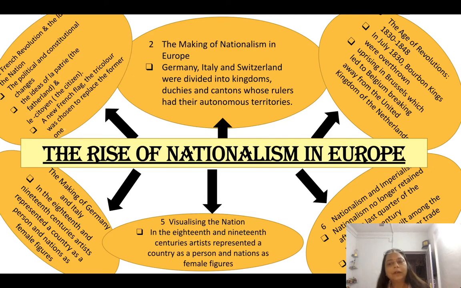Here it is written that in the last quarter of the 19th century nationalism was no longer retained; rather intense rivalry built up among the European powers over trade and colonies, because staunch nationalism, the feeling of nationalism, gave rise to expansion.